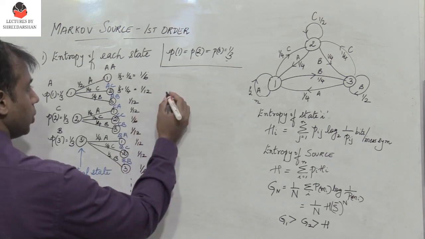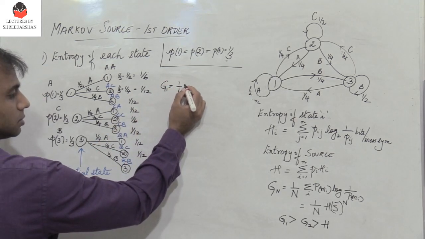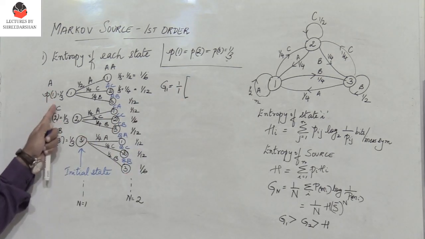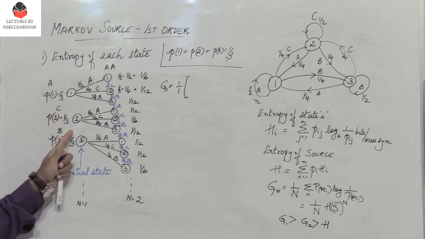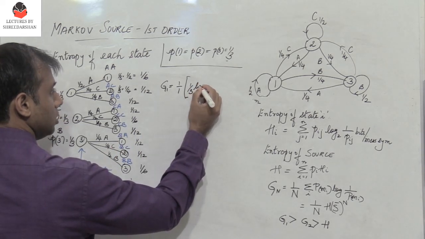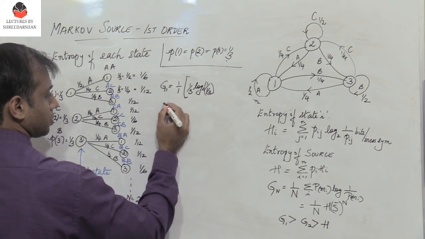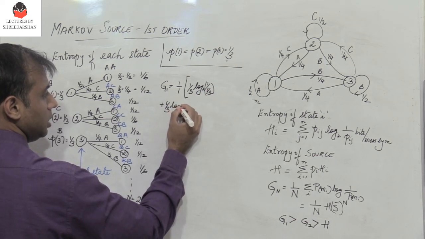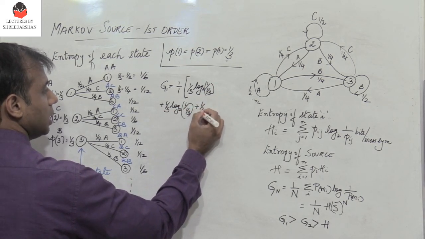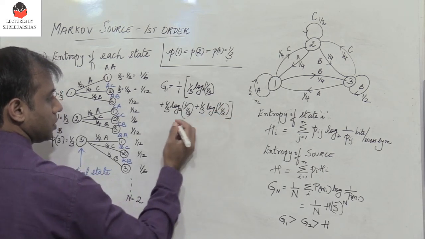So for G1, it is going to be 1 by 1 into, I need to consider the initial state, 1 by 3 log 1 divided by 1 by 3 to base 2, plus 1 by 3 log 1 divided by 1 by 3 to base 2, plus 1 by 3 log 1 divided by 1 by 3 to base 2.